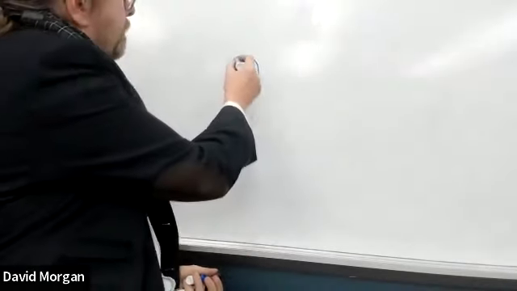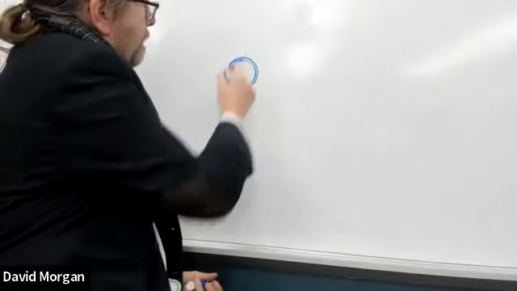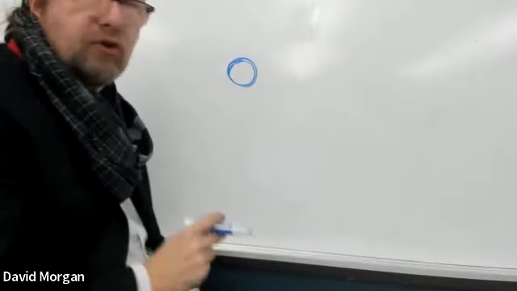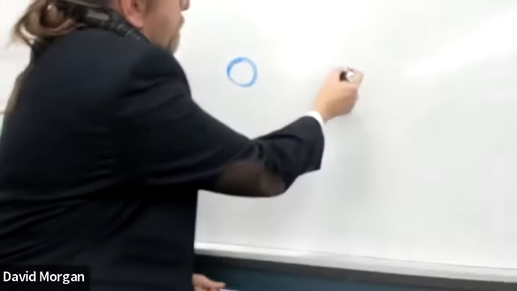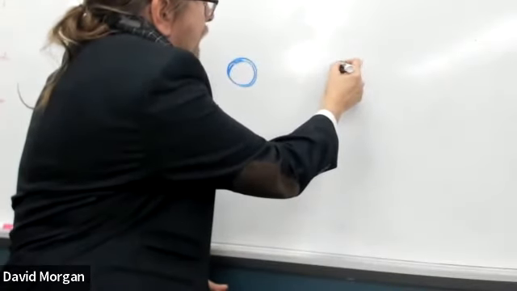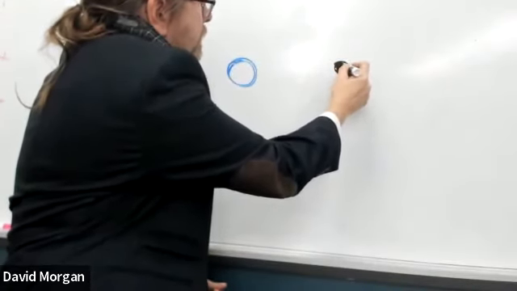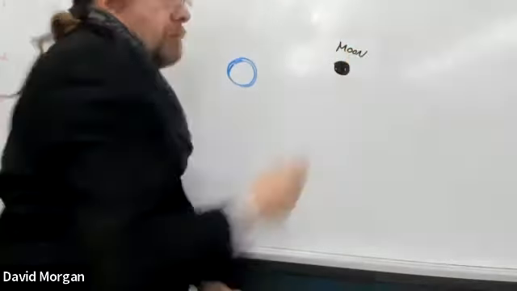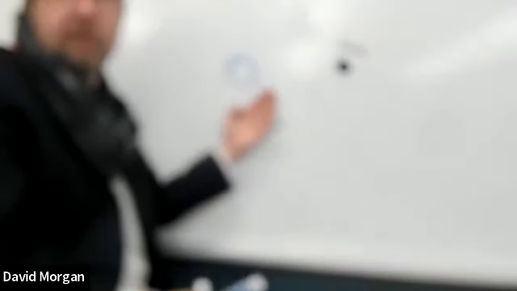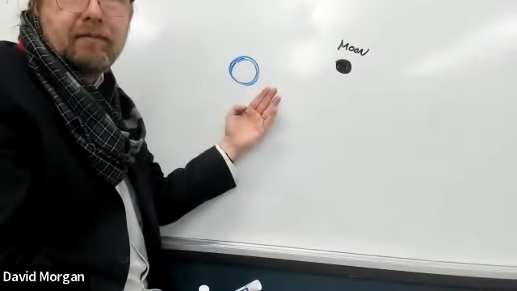Here is the Earth. I'm going to draw, again, slightly exaggerated, the effect of the tidal interaction between the moon, so here's the moon, and the Earth. Come on, stop trying to focus on me, focus on the screen. There we go.